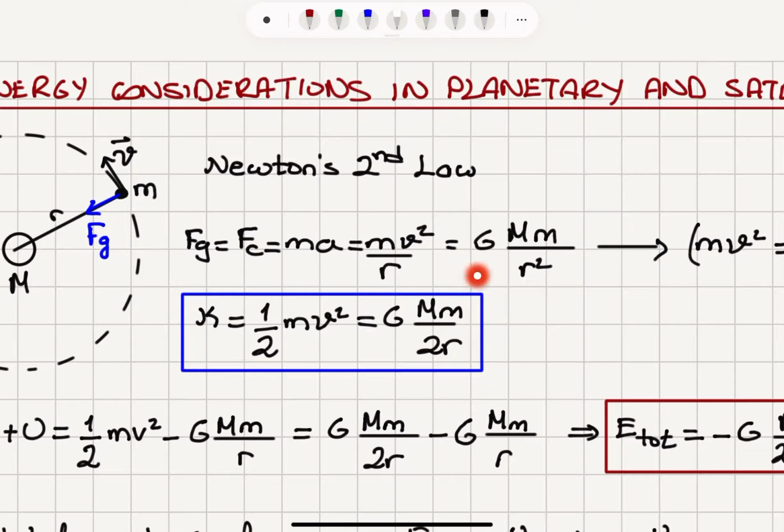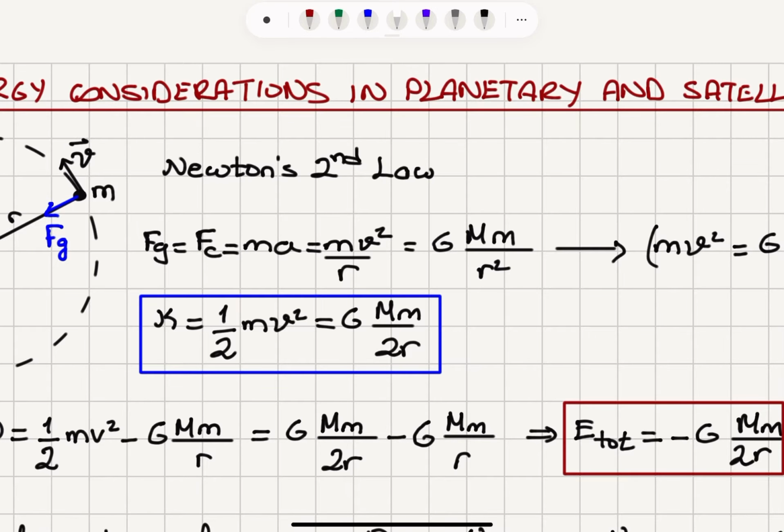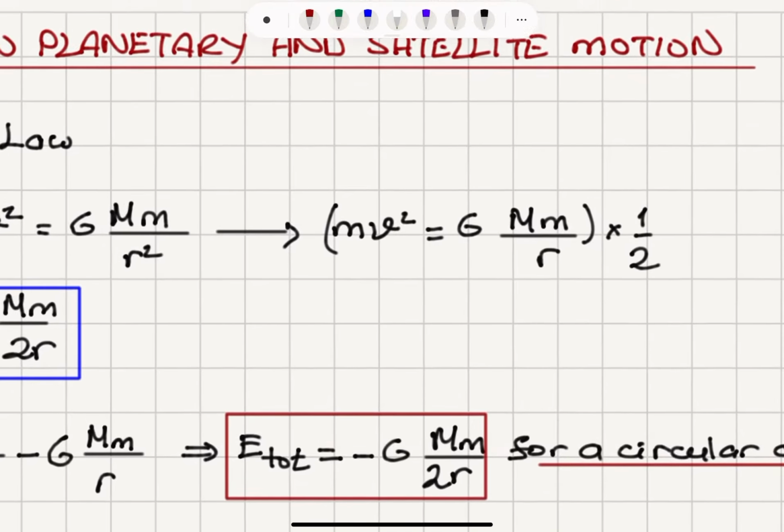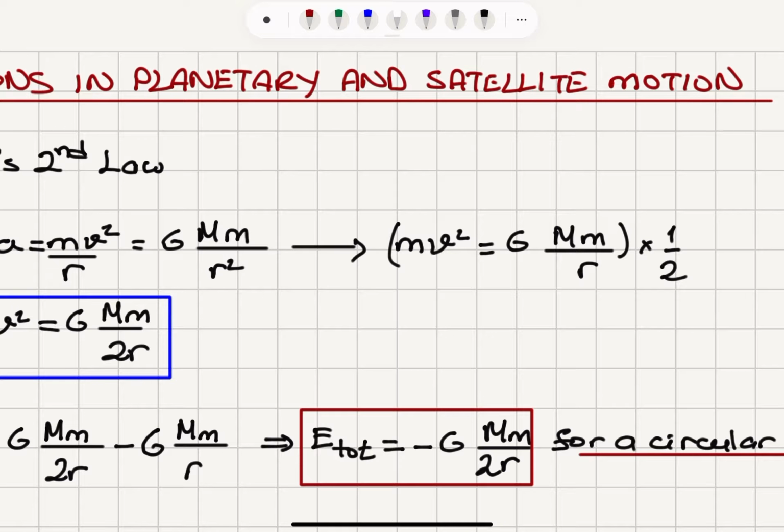And this is equal to the gravitational force, which is the universal gravitational constant G, the product of the two masses divided by the distance between them squared. So from this equation, we can isolate mv squared. So mv squared over r is GMm over r squared. If we get rid of one of the r's, mv squared is GMm over r.